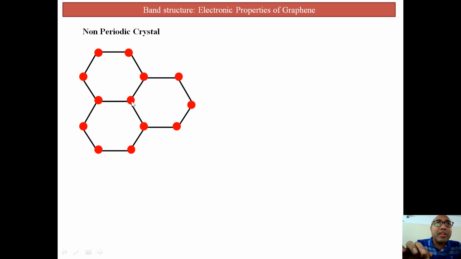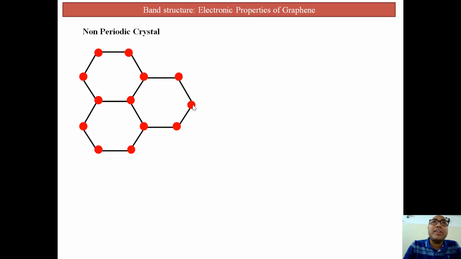You can understand the surrounding of this atom is totally different from the surrounding of this atom, right? Because here this atom is bonded to the left side, but this atom is bonded to the right side. The surroundings of this atom and this atom may be the same, but the surroundings of this atom and this atom are not at all the same. So that means it's a non-periodic cell.